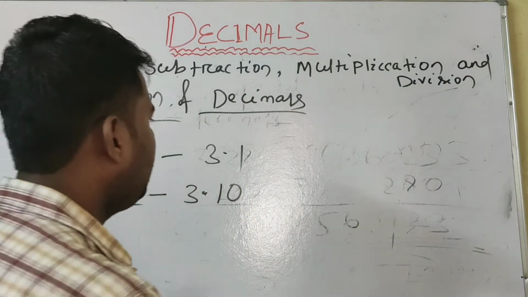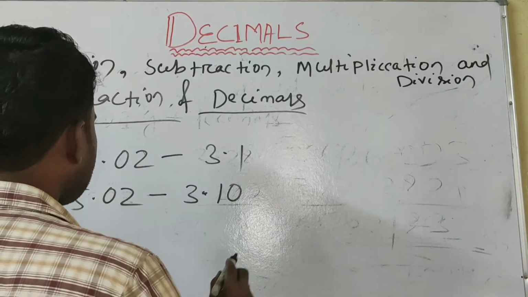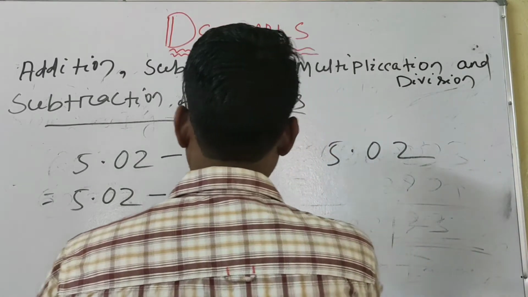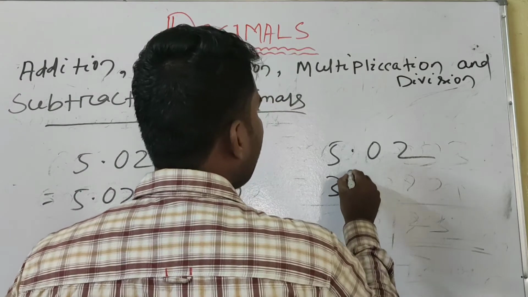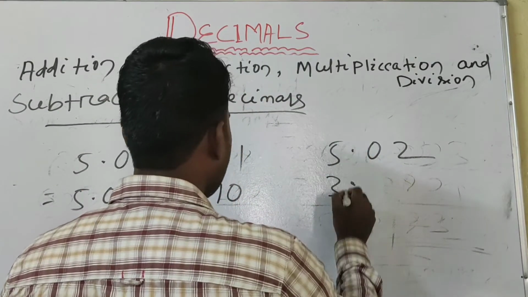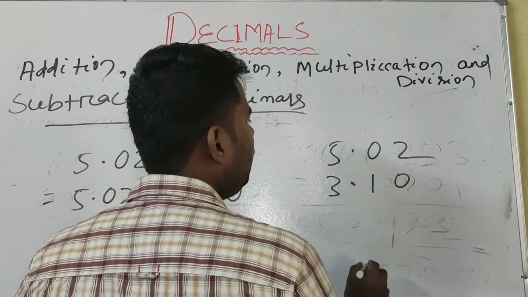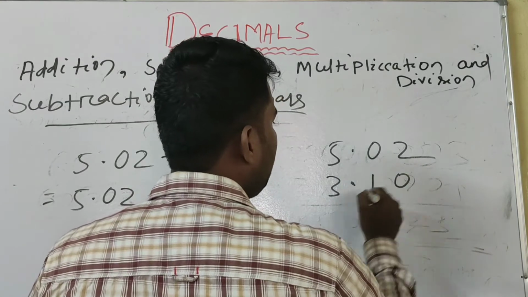Now we will write one under another. First we write the larger decimal number and then the smaller decimal number. Keeping the decimal point in the same column is very important, and all digit places in the same column is also very important.